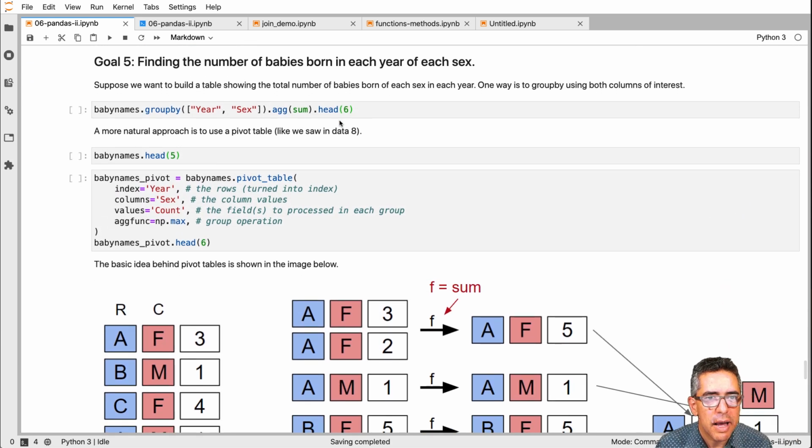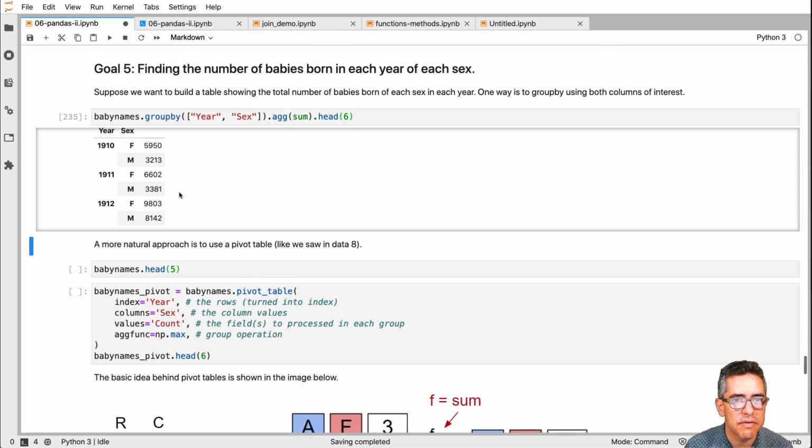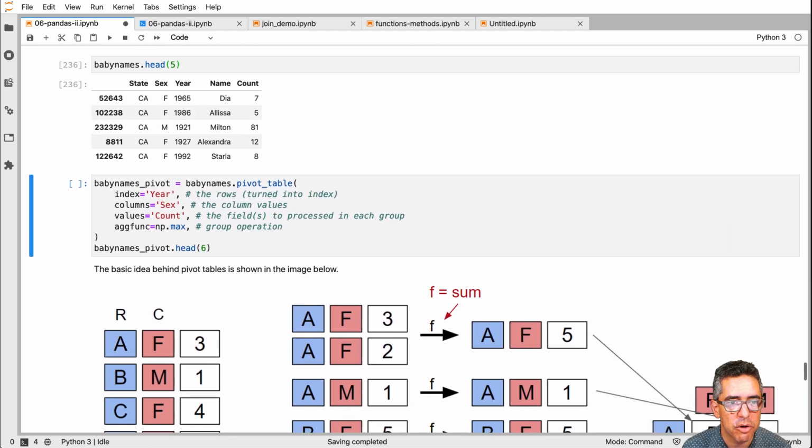Now let's try to answer the question again of how to find the number of babies born each year of each sex, but instead of using this multi-index approach, let's try to build our pivot table.